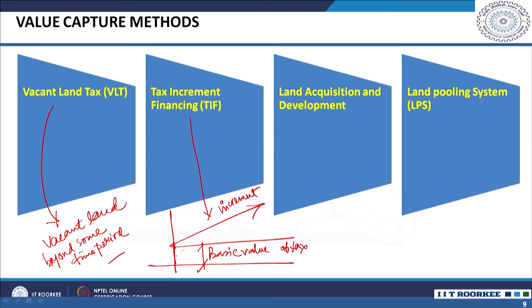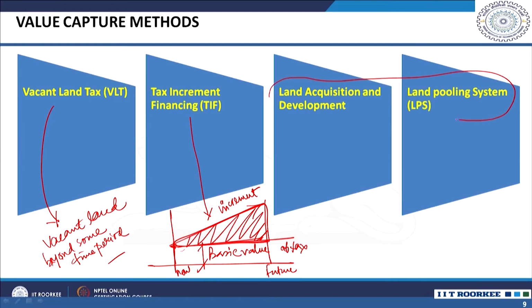This is time now and this is for the future. Now, if this part of the increment, due to the renewal, can be taken in part as an advance during the process of the urban renewal or urban regeneration, that could be termed as tax increment financing, and government from time to time announces and notifies some zones or wards as TIF zones. In the US it is a very common and very popular method of value capture financing.